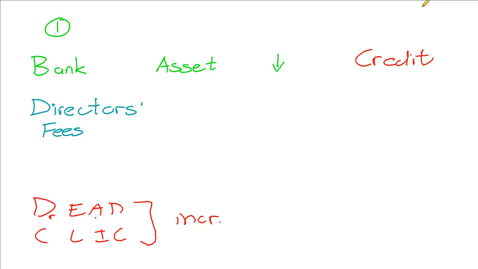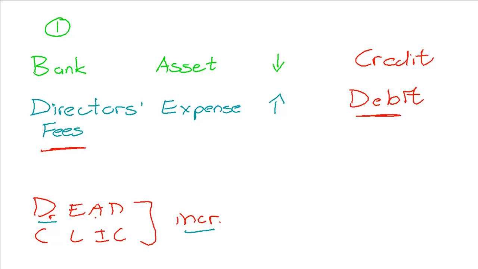So basically the company has used up the services of the director for that year, and it will thus be an expense because the services have been used fully, and if the company wants to use the director again, they'll have to pay again. So my expense has increased, and we know from our DEADCLIC acronym that if an expense increases, that has to be a debit. So we can put in our debit here. So there we go. We're going to debit our director's fees, and we're going to credit our bank account.